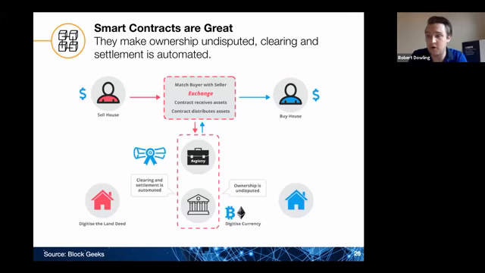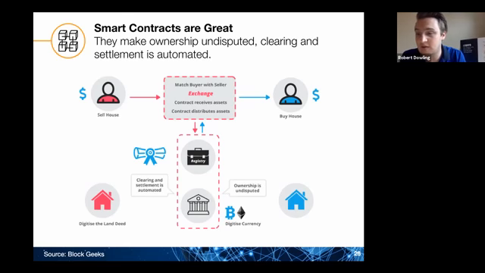So two people can agree to sell a house. They agree on the price. They agree on the contracts. But as many of you know, in real estate, there's a lot of files and signatures and paperwork that needs to be done. So the smart contract can be designed in such a way where the purchaser and seller have agreed to what they want to sell or purchase the house for, what the transaction value is, and then they can put it in a smart contract which will receive the appropriate data, like all that other paperwork that needs to be signed.